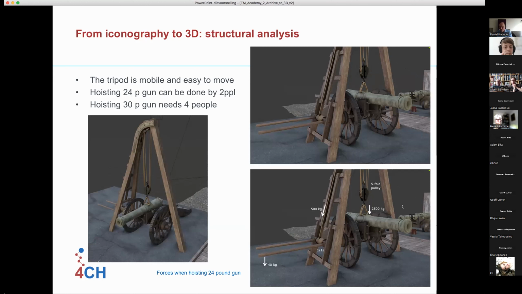Let's look at a simple analysis of the forces which are there. Such a gun barrel is 2,500 kilograms, and you have a pulley that pulls it up, which is 5-fold. So that means that if you have 2,500 kilograms of force here, you only have to exert 500 kilograms of force here to get it up.